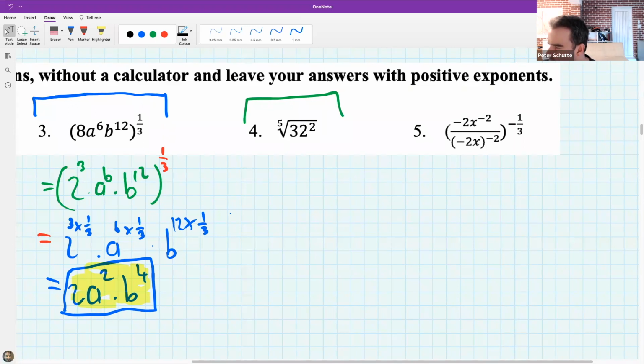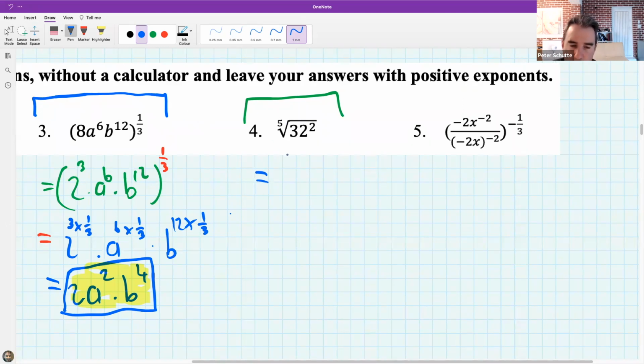Kat, let's go to you. So for the root, I know that the 32 squared inside of the root, you're going to make a fraction, and the 2 is going to be on top, the 5 at the bottom.